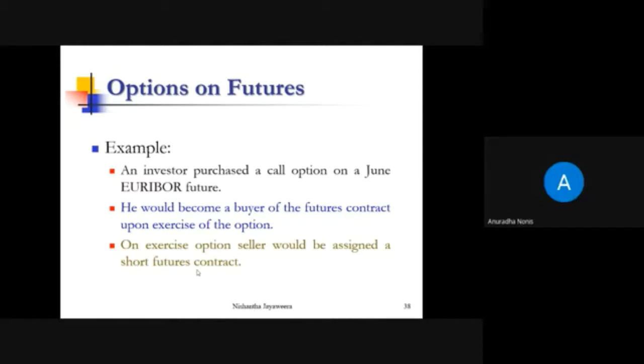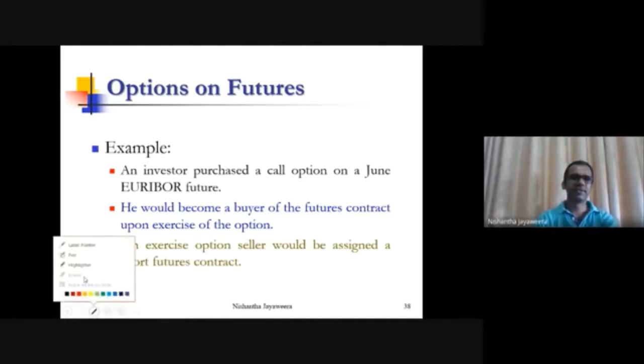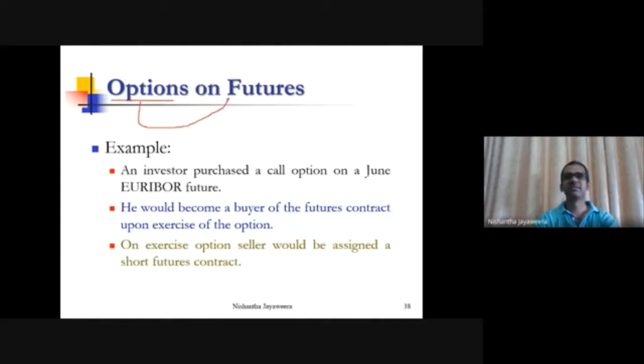That is not the underlying security. We are talking about the futures contract. Here there are two underlyings. What is the derivative? First derivative we have, this is the first one. What is the underlying for the option? It is the futures.